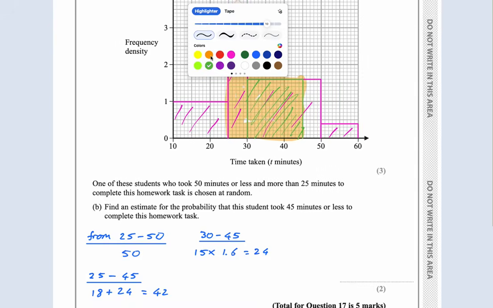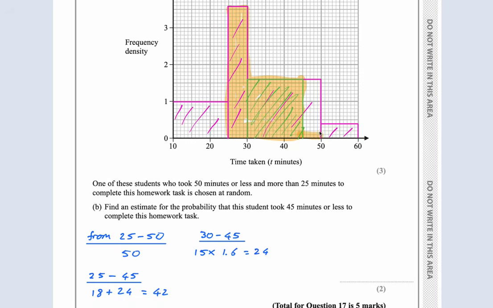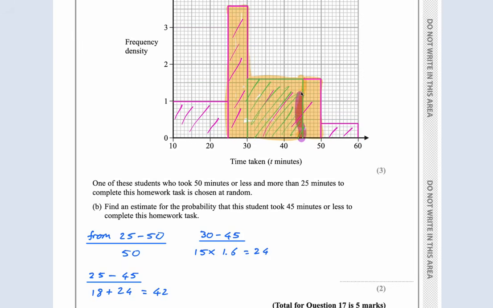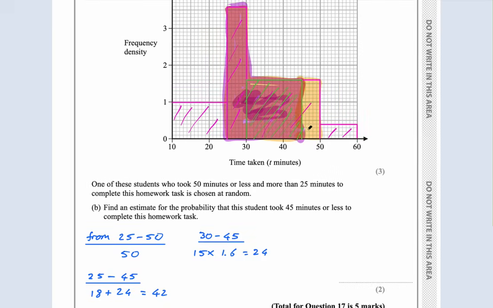So from 25 to 50 here, all that orange area, there's 50, and then I said up to 45, which is here, there's 42 people. So there's 42 here out of the 50. So that's my probability. It's 42 out of 50. Okay, there you go, guys. I have to color that in. Right. So the answer is 42 out of 50.